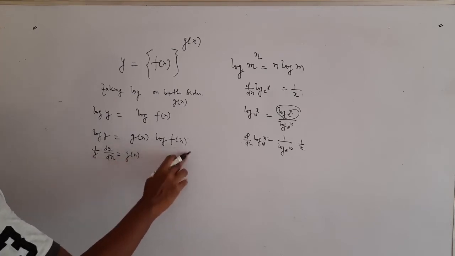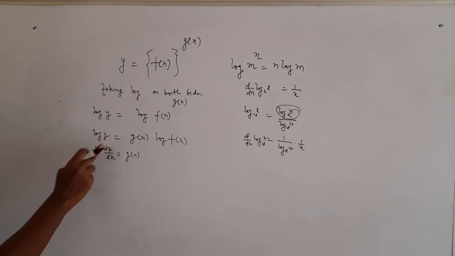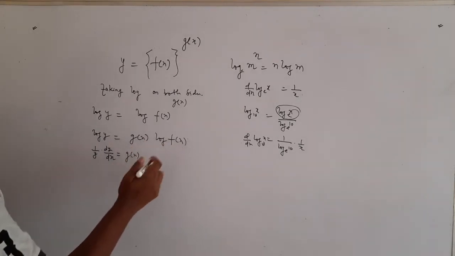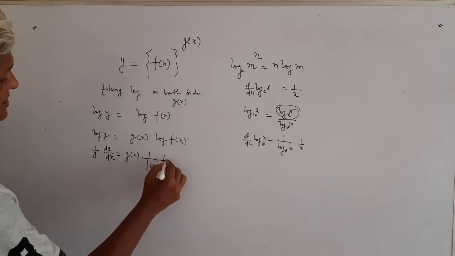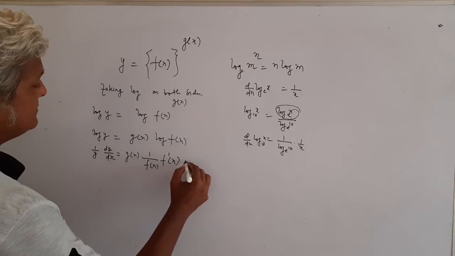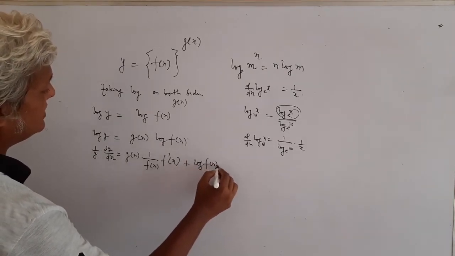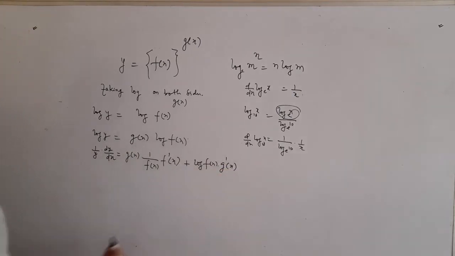Then you find the differentiation of log f(x): it is 1 over f(x) into the differentiation of f(x), that is f dash x, plus keep log f(x) unchanged, and the differentiation of g(x) will be written as g dash x.